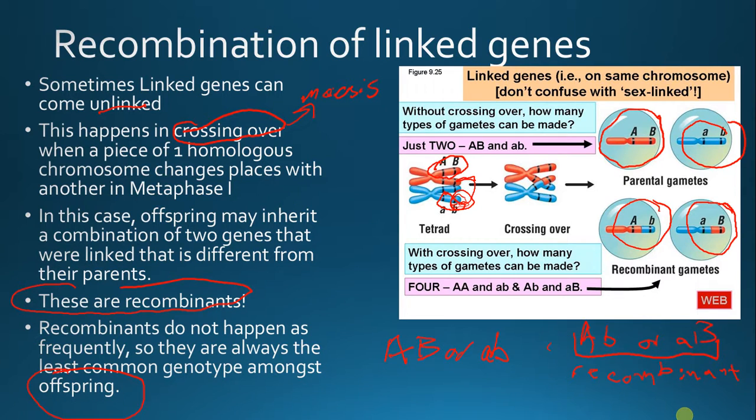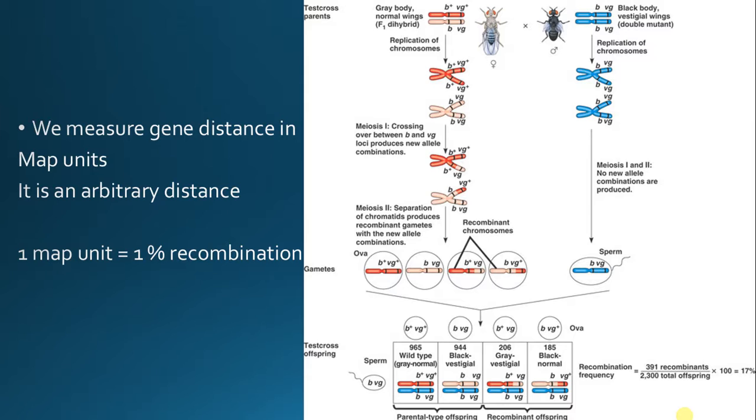Far fewer recombinants than parental genotypes. So, for example, in this fly, B plus and VG plus are on the same chromosome. b and vg are on a different chromosome.